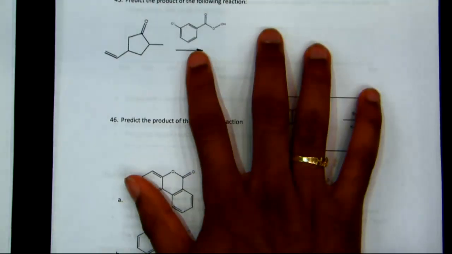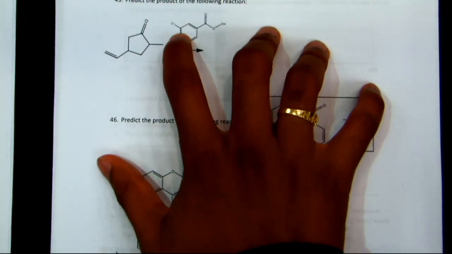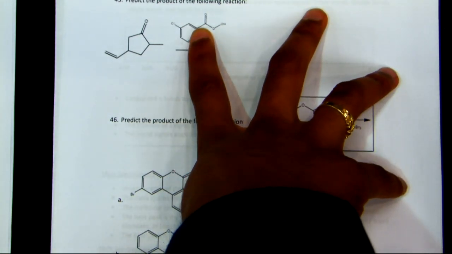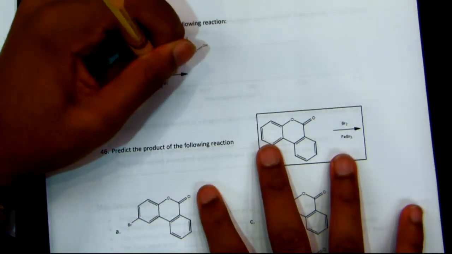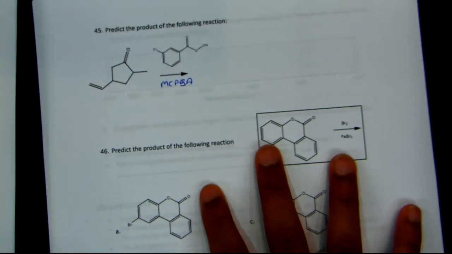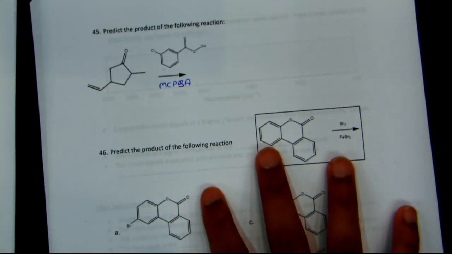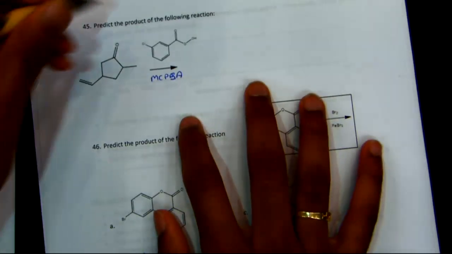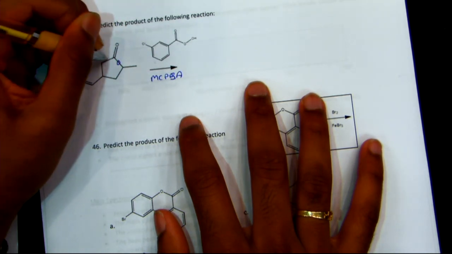Okay. So for this one, if you don't recognize this, it's meta-chloro peroxy something acid, right? Do you recognize that one? MCPBA. So this is Baeyer-Villiger, if you guys remember that. And the Baeyer-Villiger reactivity, you know how it places an oxygen on one side of the ketone?